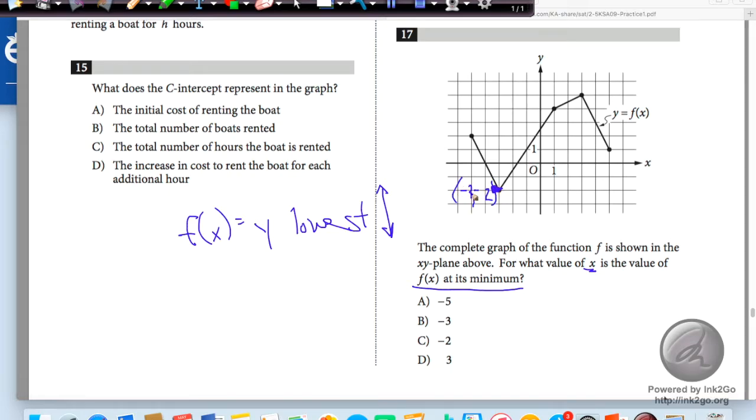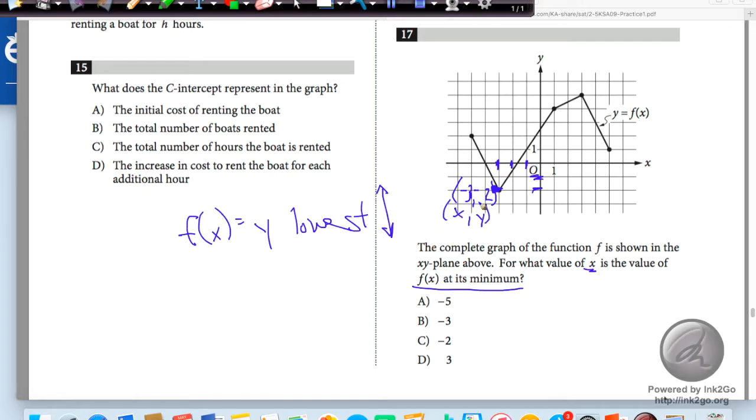If I did the little marks here, and then 1, 2, 3, yep. Okay, so here's -3, 1, 2, 3. There's -3, and then y is going to be -2. So my x is going to be -3. And my y is going to be -2.